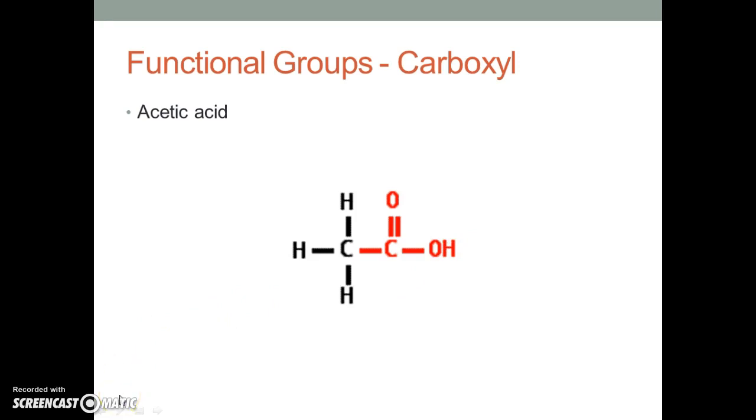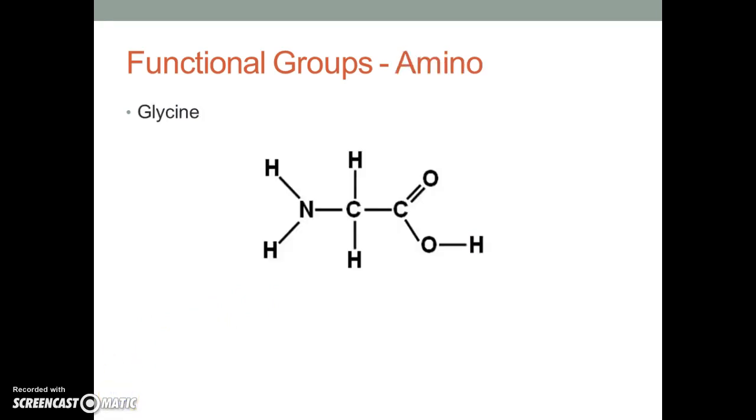Next we have the amino group, which is, once again, our carbon skeleton with an NH2 group. This one happens to be glycine, and as we can see, it has a carboxyl group on this end of the skeleton, making this more than just an amino group. This is an amino acid.